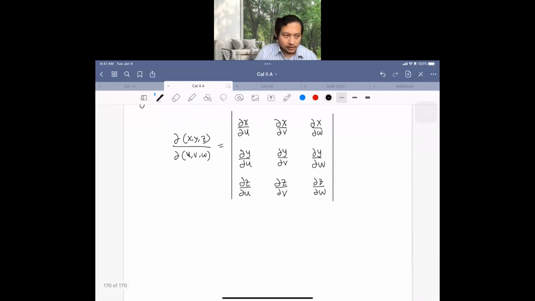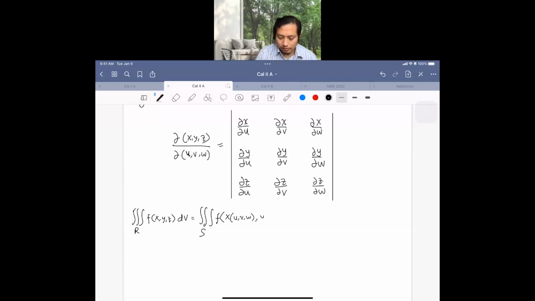By this determinant, we can set up the transformation of this triple integral in region R. We can write it in terms of region S, changing everything with the transformations: x(u,v,w), y(u,v,w), z(u,v,w), and then the Jacobian, and then du, dv, dw.